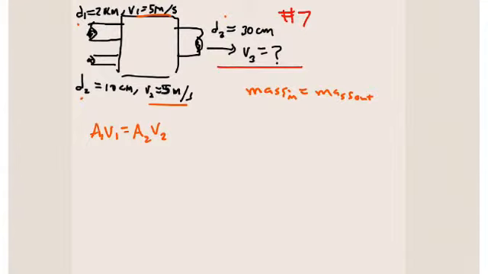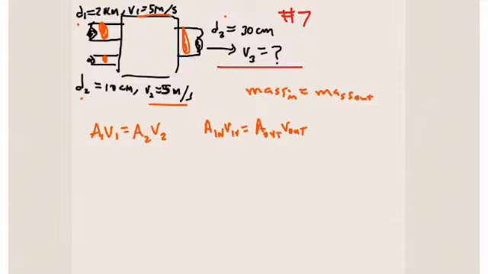Now, in this case, we have two different areas coming in. Another way of saying this is that A in V in equals A out V out. So in our case, there's going to be A1 here, A2 here, and A3 here.